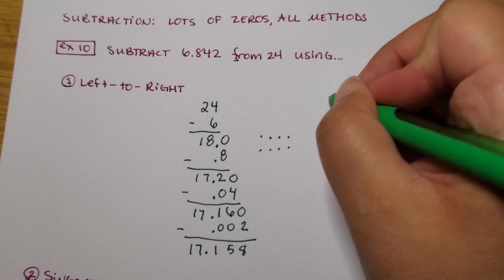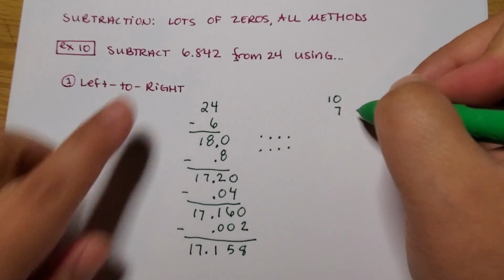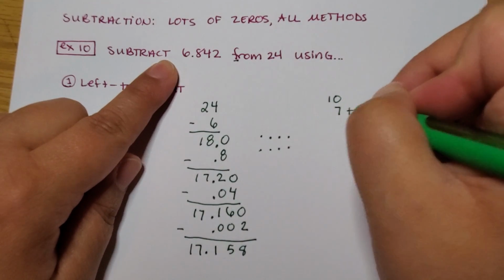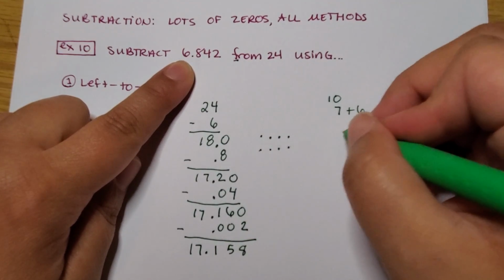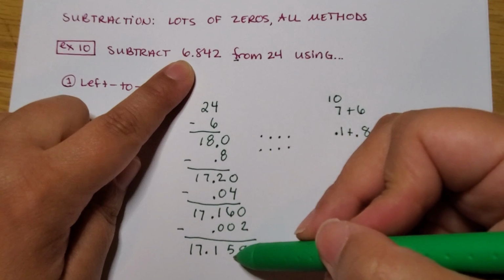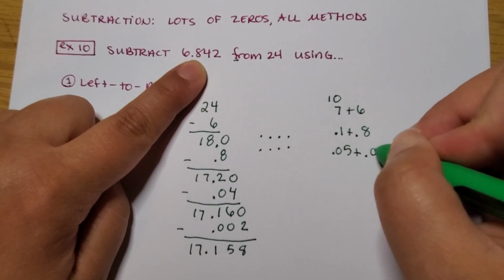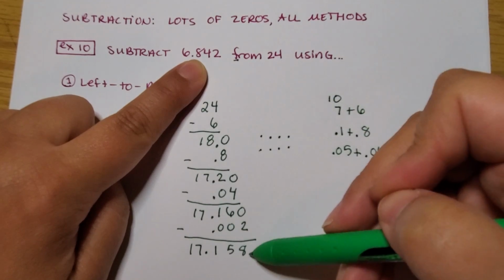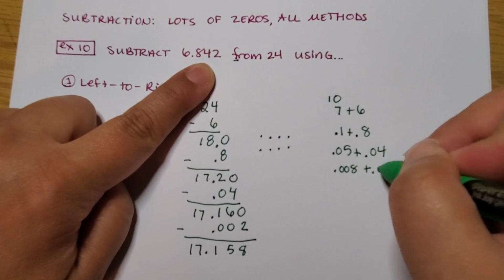So I've got a 10 from 17, a 7 from 17, and a 6 from up here. I've got a 0.1 and a 0.8, a 0.05 and a 0.04, and a 0.008 and a 0.002.